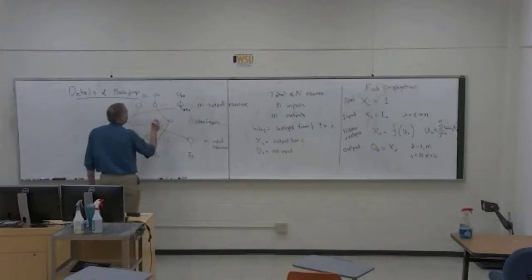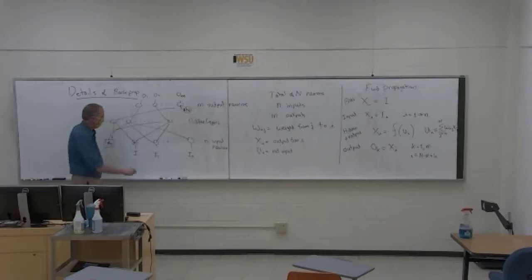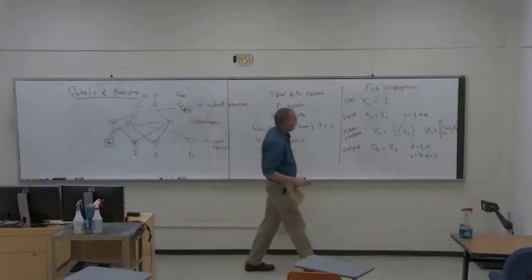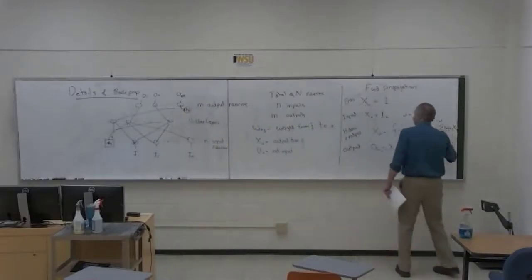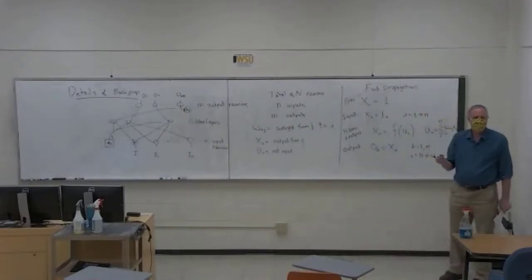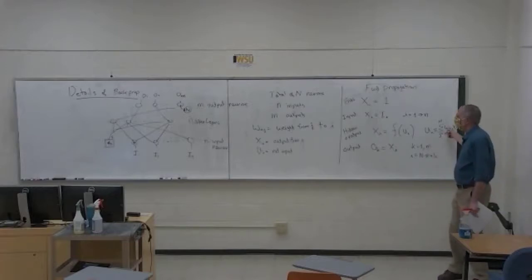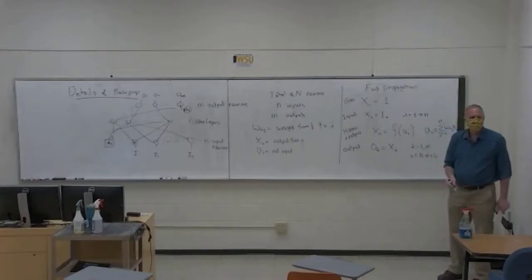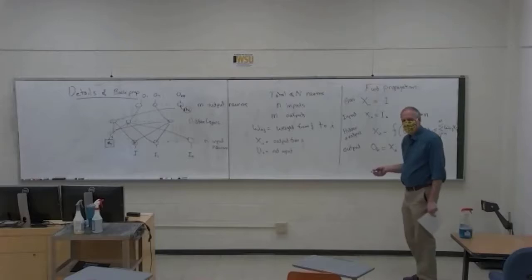So you never have a connection from, say, neuron number capital N, the last one, coming back and going into one of these other neurons. But we can handle that with this because we just make a bunch of the weights 0, and then there's no connection. So we only put non-zero weights in where there's an actual connection. Make sense? So it just allows us to keep it general.